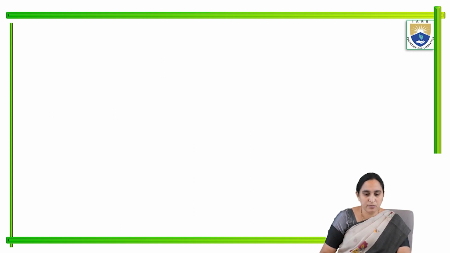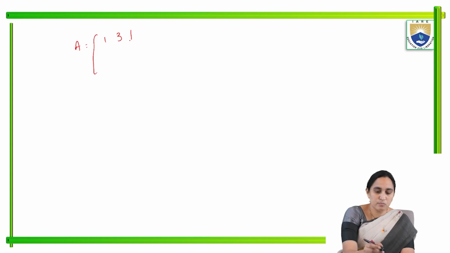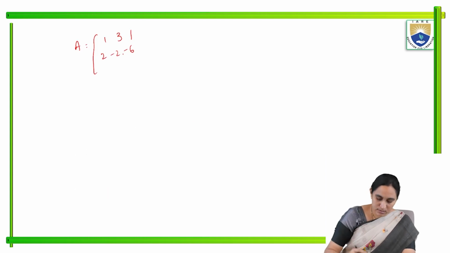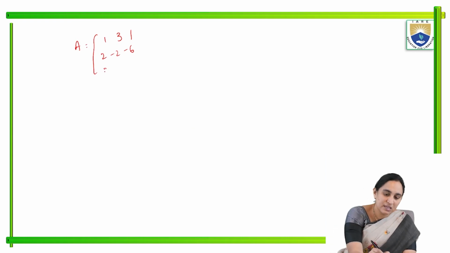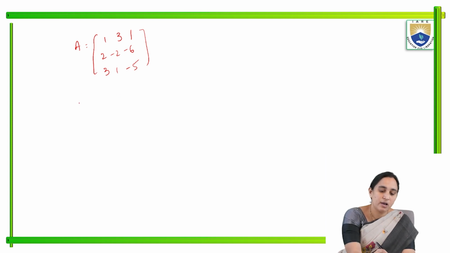Given matrix A is equal to rows (1, 3, 1), (2, -2, -6), and (3, 1, -5). For that, we have to find the det A value. We already know how to find the determinant.